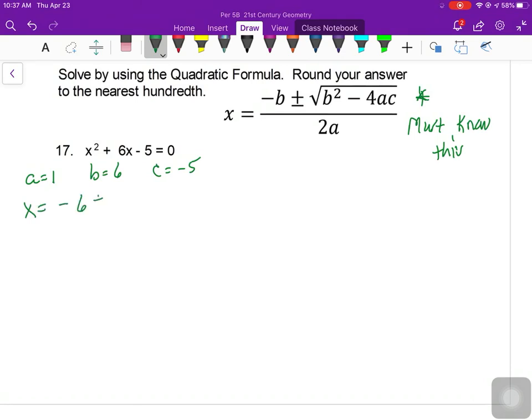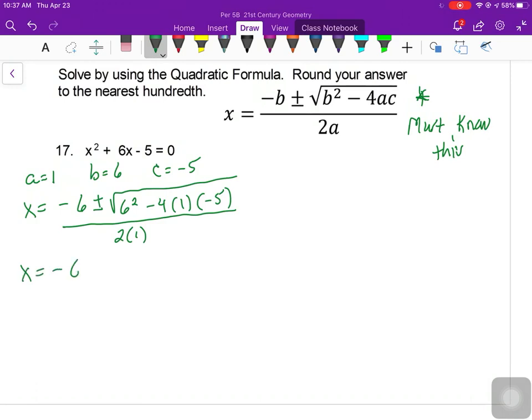Putting it into the formula, we'd have x equals -b plus or minus the square root b squared minus 4 times A times C, all of that, the whole thing, divided by 2 times the A. Working out what's underneath the square root sign, we have -6 plus or minus, comes out to be a square root of 56.